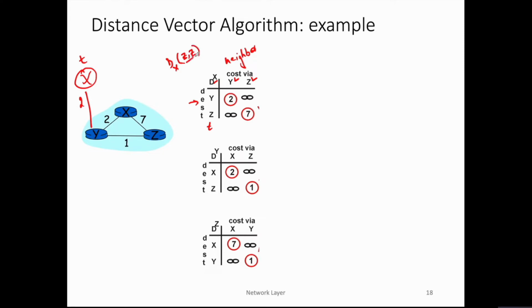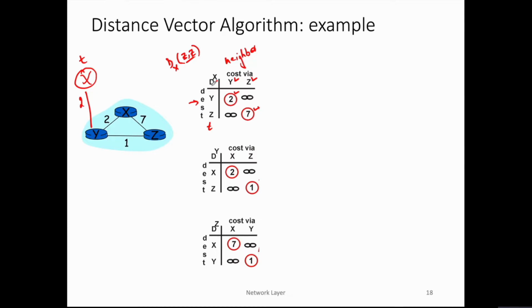So what does this mean? That z is the direct neighbor of x. The cost to reach from x to z via z, meaning z is the direct neighbor of x, is 7, right? So we have learned how these two costs are represented in the table.